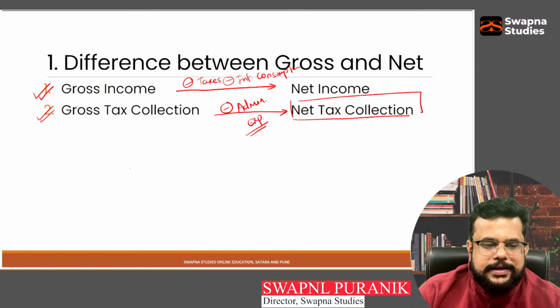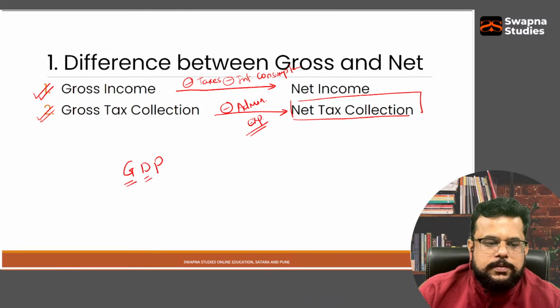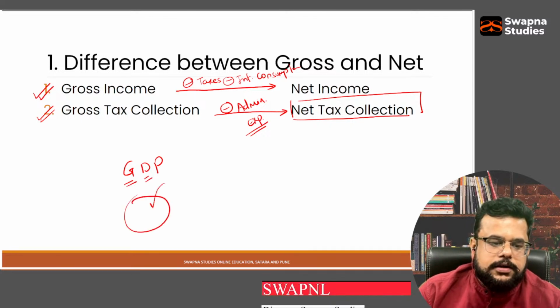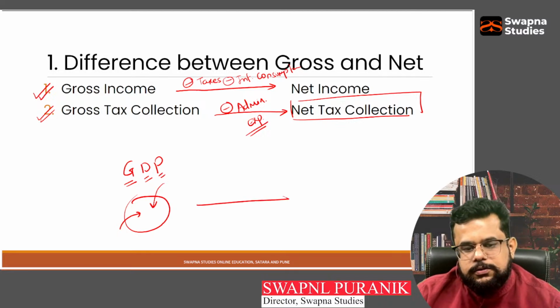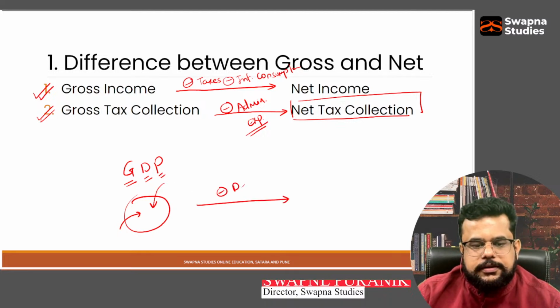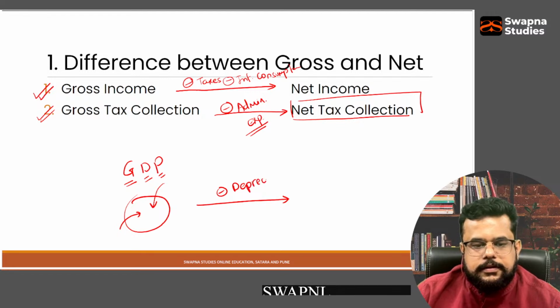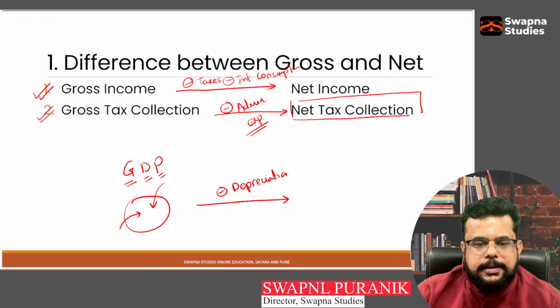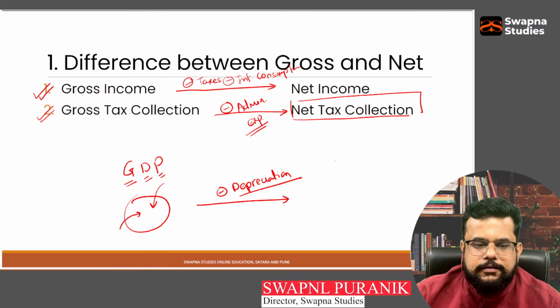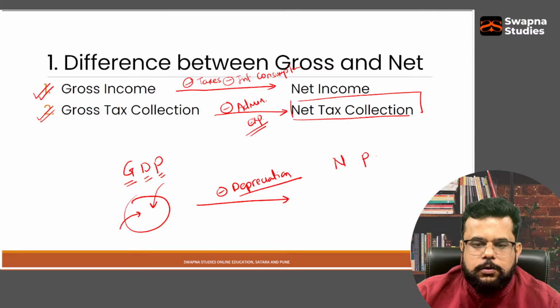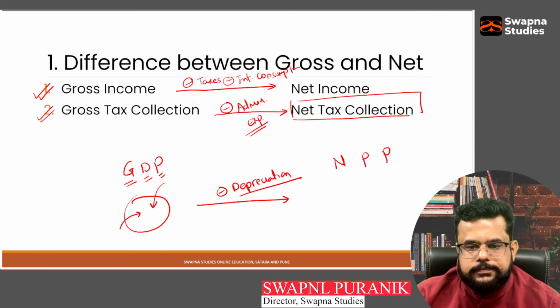Similarly, we learned yesterday there is gross domestic product. Gross means total, domestic means within the border of the country, and product means production. If we reduce the depreciation from the gross domestic product, we get net domestic product.